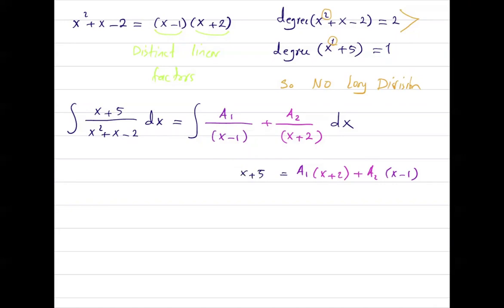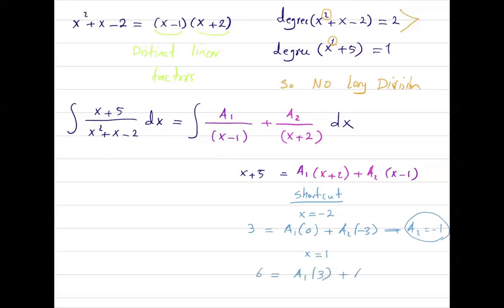So as you saw from the shortcut, if you set x equals to -2, you get 3 equals a sub 1 times 0 plus a sub 2 times -3, and then a sub 2 is -1. If x is equal to 1, then 6 is equal to a1 times 3 plus a2 times 0. It means that a1 is equal to 2.